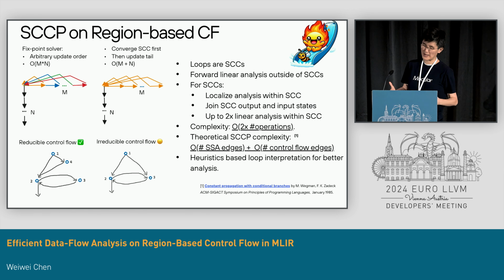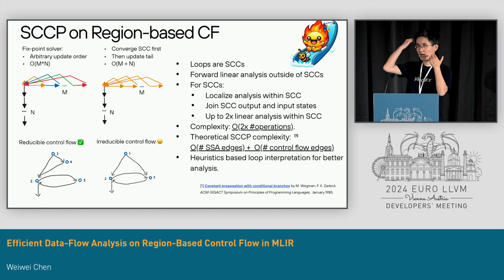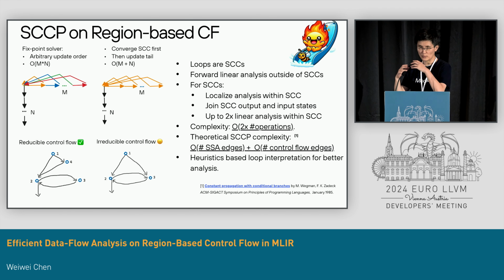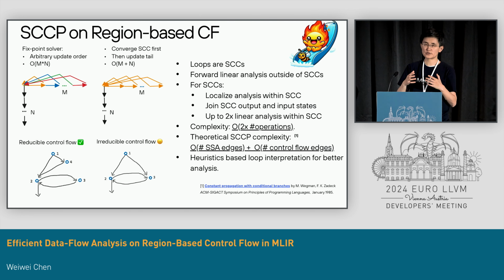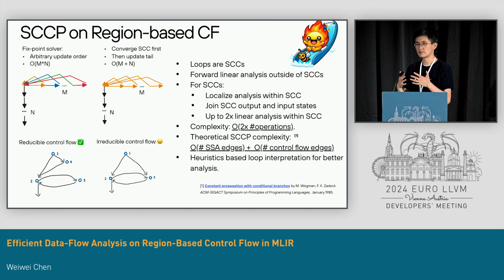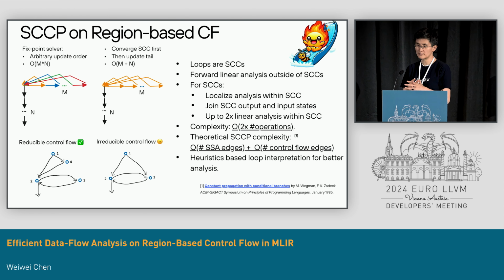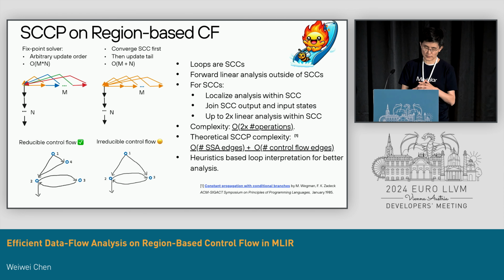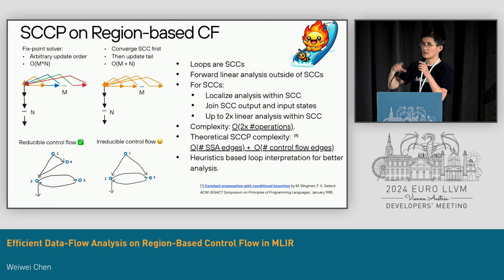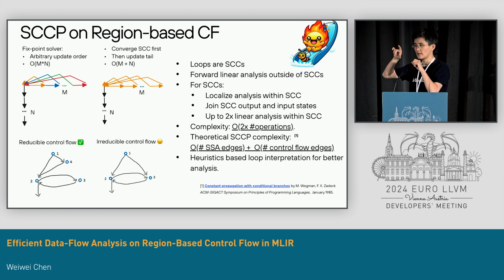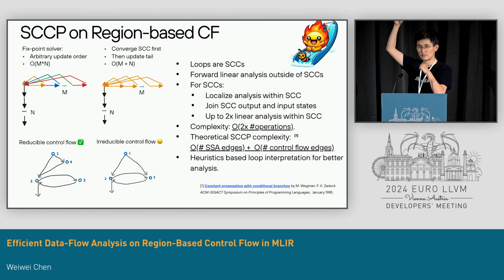Now let's step back a little bit to a higher level: why does this representation help us have a more efficient implementation of SCCP? Basically, a structured control flow representation will always give us a reducible control flow graph. A reducible control flow graph means that we have a graph that has SCCs in it, and all the SCCs should only have one single entry.